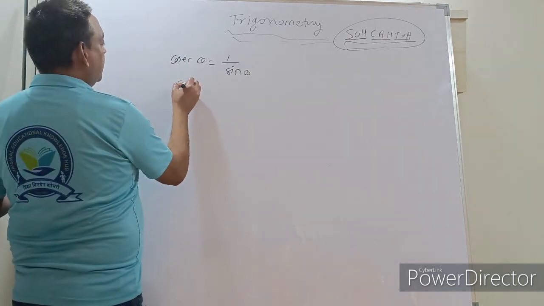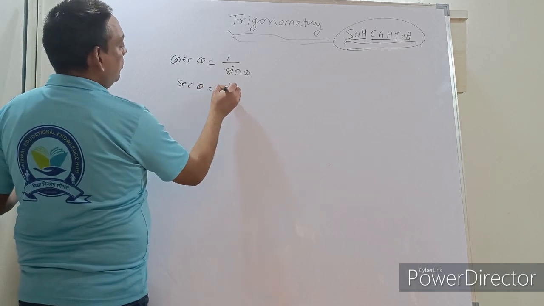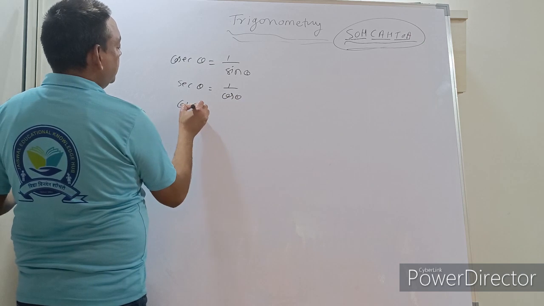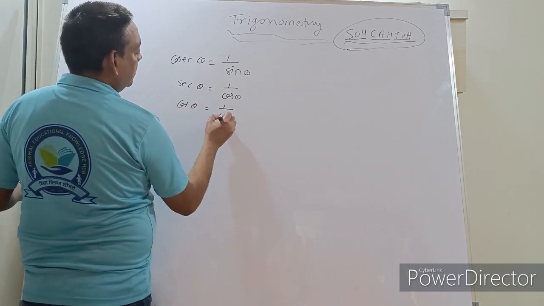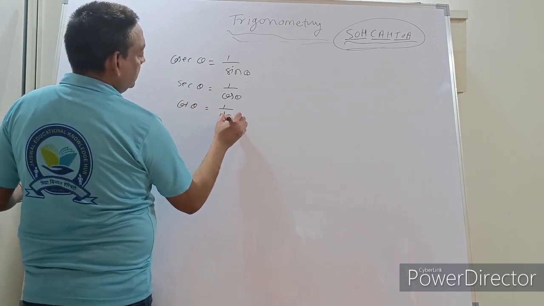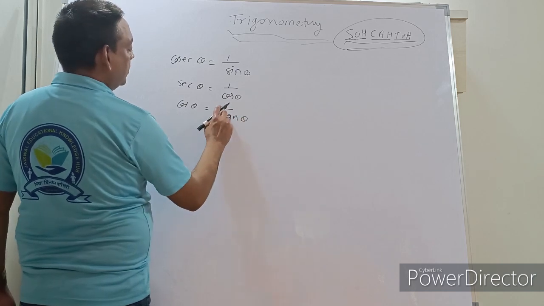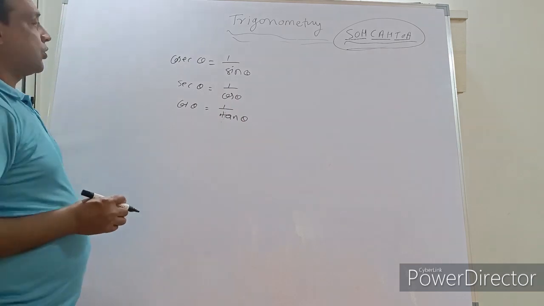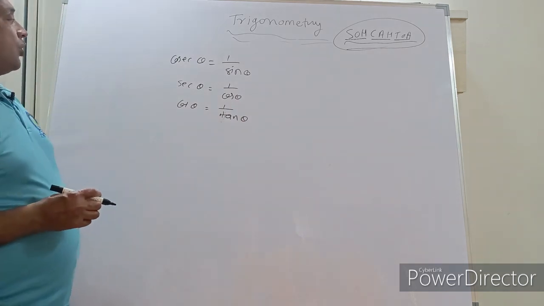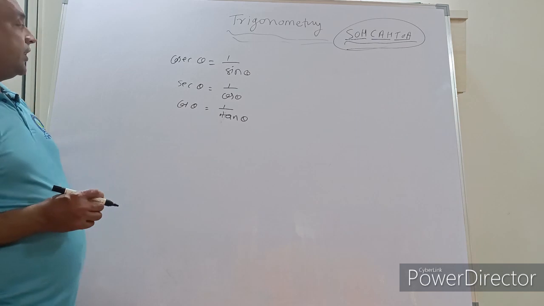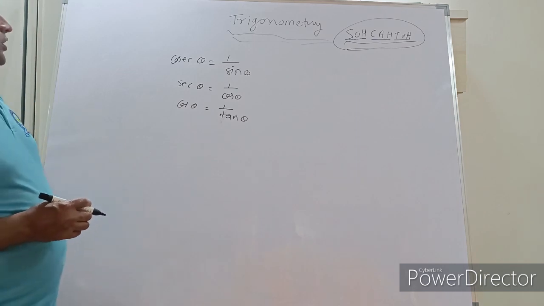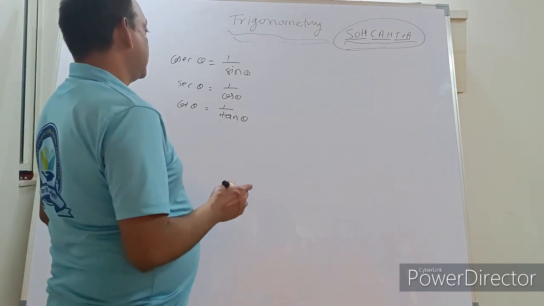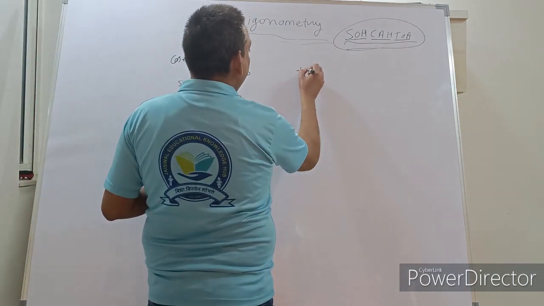Same way, sec theta is equal to 1 upon cos theta, and cot theta is equal to 1 upon tan theta. So cosec is 1 upon sine, sec is 1 upon cos, and cot is 1 upon tan theta.